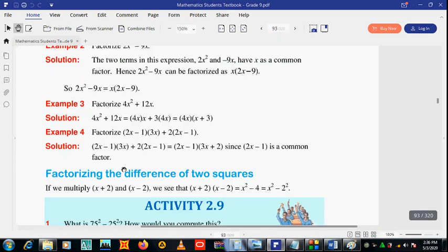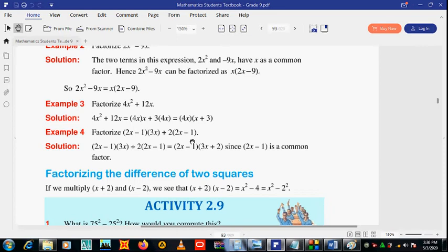Example 4. Factorize 2x minus 1 times 3x plus 2x minus 1. What is the factorization for this? What is in common? In this expression there is 2x minus 1, and also in this expression there is 2x minus 1.